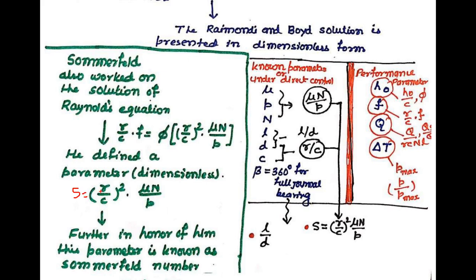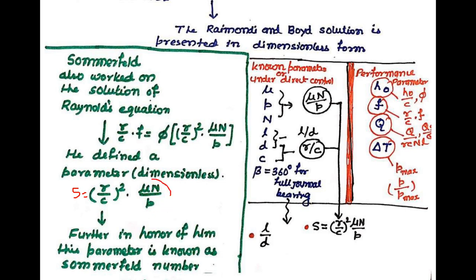What is the Sommerfeld number? (R by c) square into mu n upon p. R is the radius of the journal, c is the clearance, mu is the dynamic viscosity of the lubricant, n is the rpm of the journal, p is the bearing pressure.